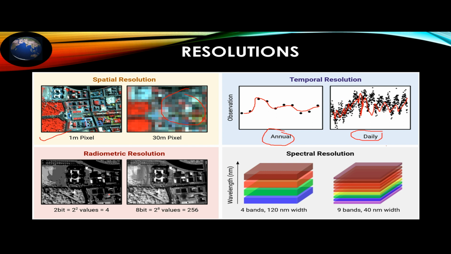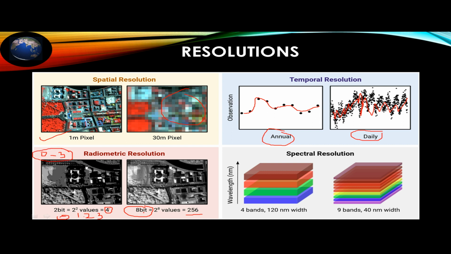The radiometric resolution means the bit depth, how good the quality of data is. If it is 2-bit imagery, it appears bad and is not clearly visible. But for 8-bit imagery, see how the brightness varies. For 2-bit it varies from 0 to 3 only. It has four values: 0, 1, 2 and 3. So the brightness value lies from 0 to 3 only.